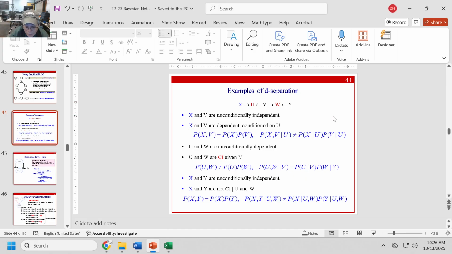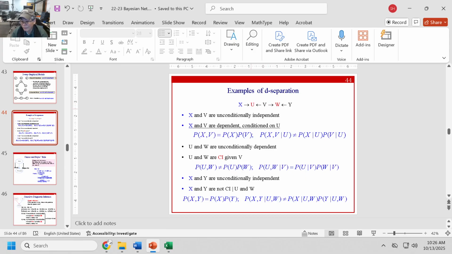And finally, if you look at very far outside, X and Y are definitely not related, but I have a bunch of stuff inside.